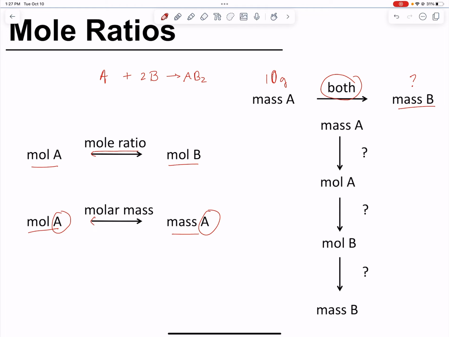The first step is that if you're going from the mass of substance A to the moles of substance A, you're going to use the molar mass. Then we're going to convert from the moles of substance A to the moles of substance B. For this, according to our other diagram, we'll need a mole ratio.